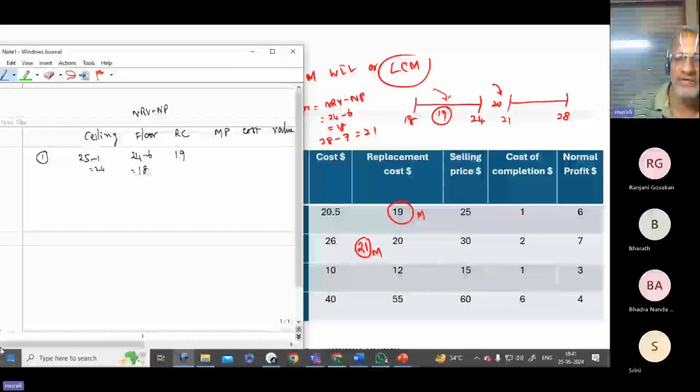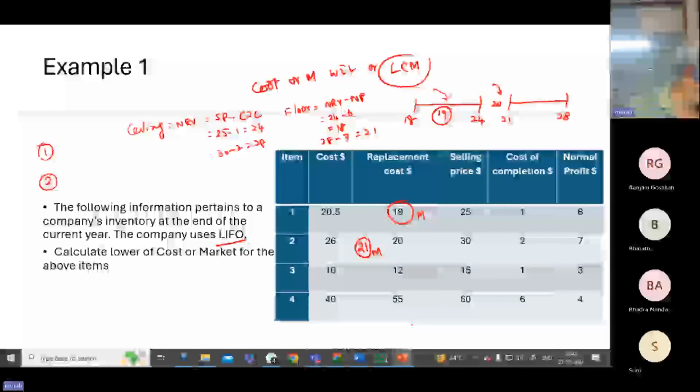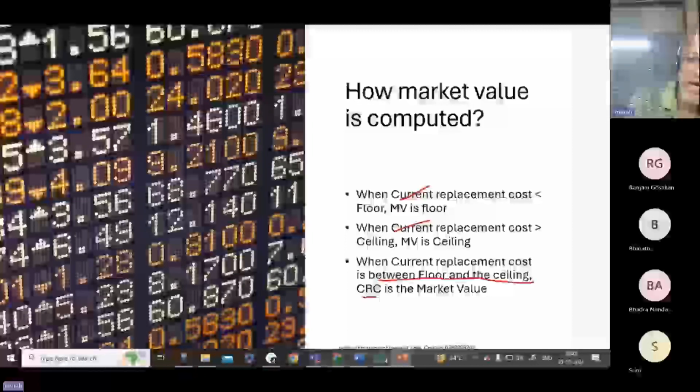What was the rule that we were having? When current replacement cost is between floor and ceiling, current replacement cost is the market value.